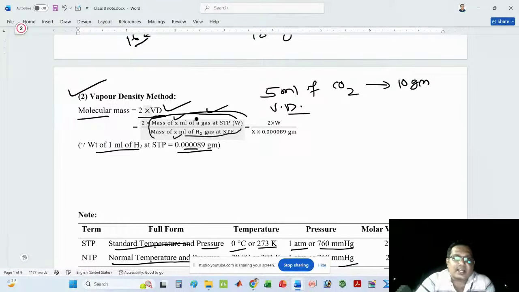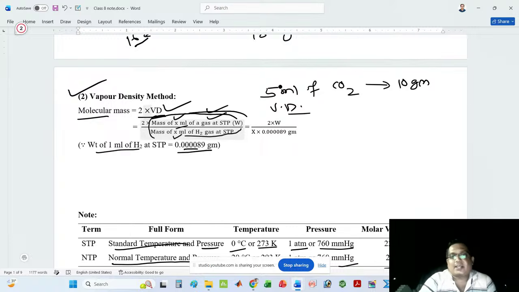That means here I can write mass of x ml of carbon dioxide at STP. Here this x ml is the volume of carbon dioxide. So here I can say mass of 5 ml at STP divided by mass of the same volume, that means 5 ml of hydrogen gas at STP.